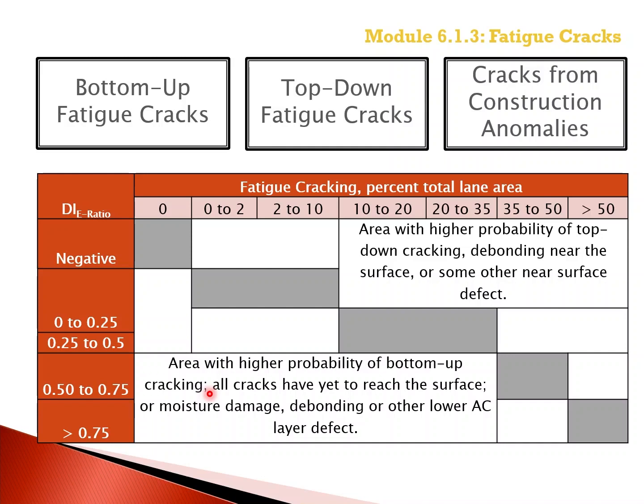However, it can also occur from lower layers exhibiting moisture damage and/or debonding much further below the surface and/or much lower asphalt content below the surface.